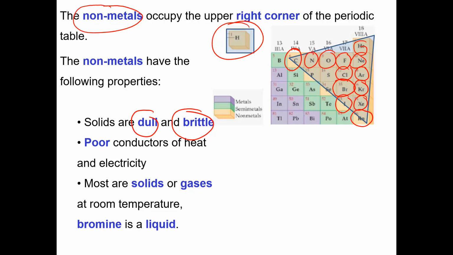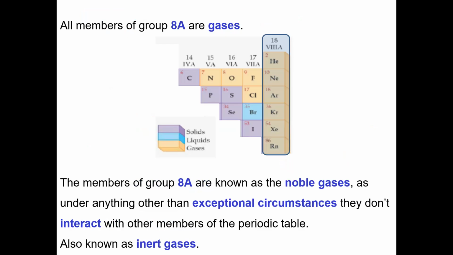So only 2 liquids on the periodic table at room temperature, mercury and bromine. Most elements are solids, and then there's a handful of gases. Every member of 8A is a gas, so that makes that easy to remember.